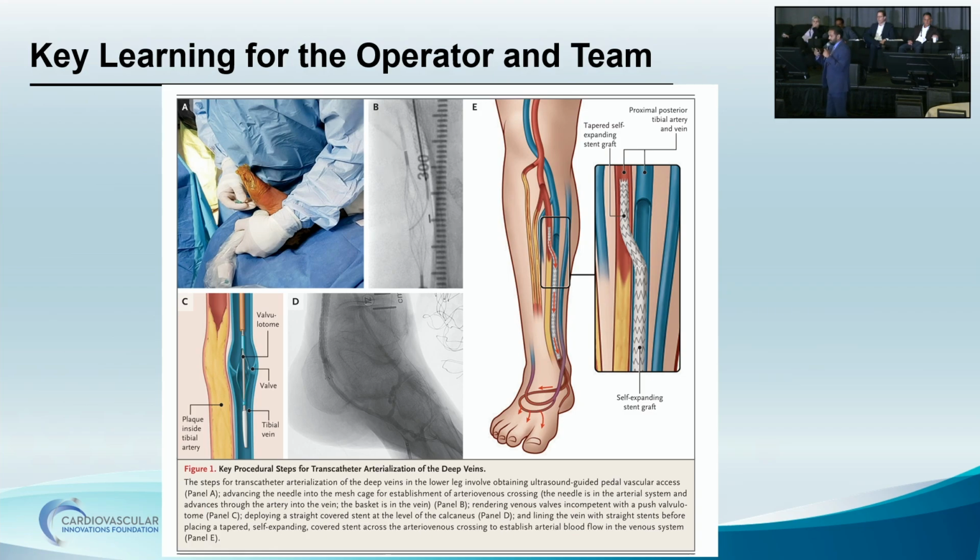So we created a channel from the artery to the vein. From the arterial system, from the top, balloons will be advanced, and balloon valvuloplasty or angioplasty will be done. Subsequently, a valvulotome will be advanced to cut the valves in the vein, which will reverse the flow from the artery to the vein. So that is the arterialization.